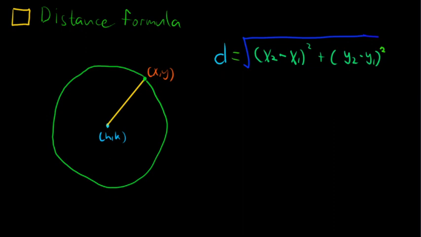Ang tawag natin dun sa layo na yun is R, our radius. Now, to solve for R, gagamitin mo yung distance formula. Instead of D, pwede mo nang gamitin yung R, kasi yun yung gusto mong malaman, gaano kalayo itong point na to mula dito.